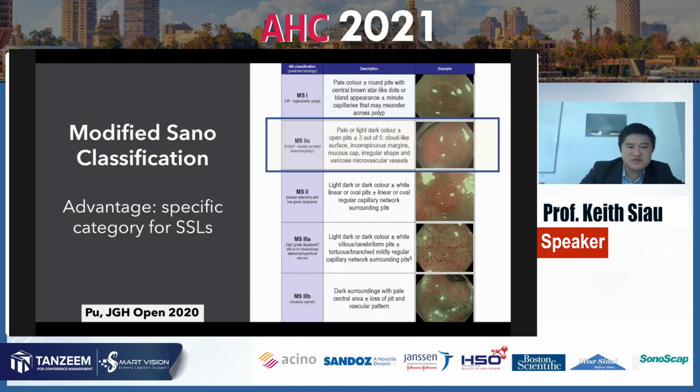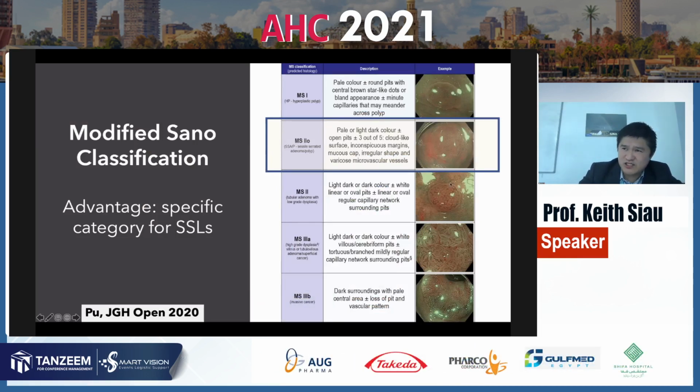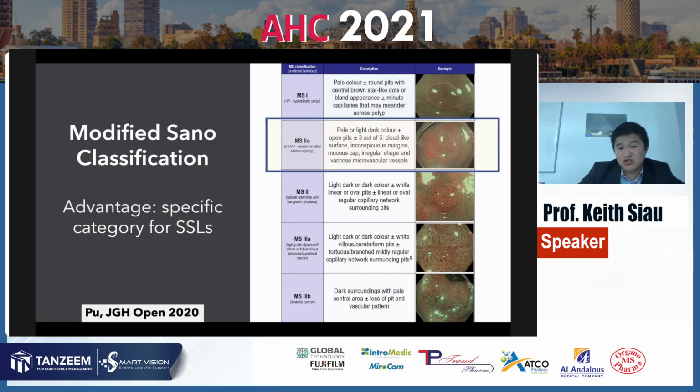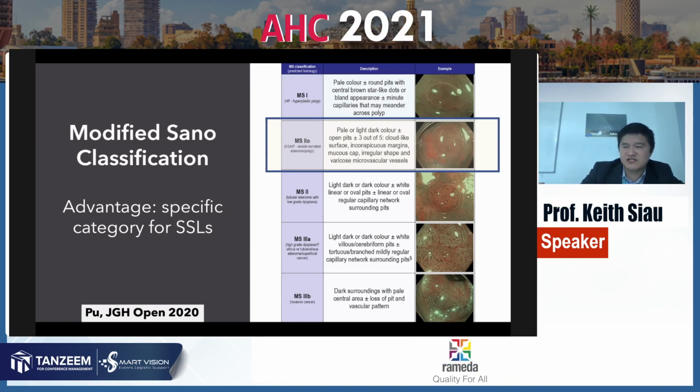I just want to bring out the Sano classification because that was devised by the JNET team, and they modified the Sano classification, which was originally to do with vessel architecture, and they included a classification to include a system for differentiating SSLs. And the SSL criteria are cloud-like surface, irregular margins, a mucus cap, which is different compared to the WASP classification, irregular shape, and varicose microvascular vessels. These are more commonly used in Japan and possibly by some ESDists.